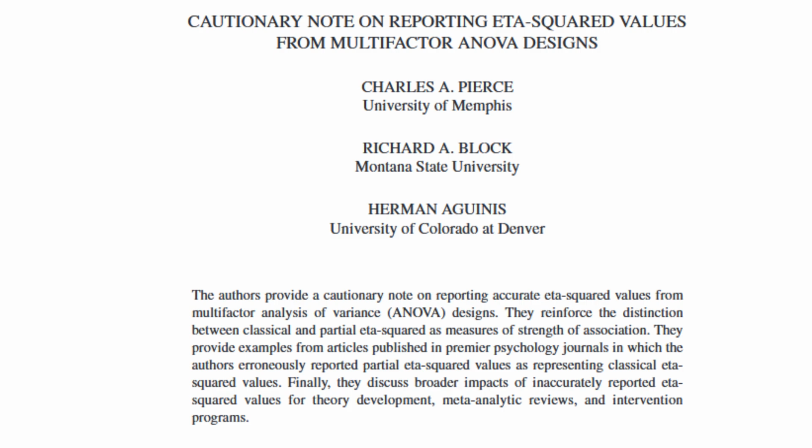Classical Eta squared looks at the total variation in the results, like how much all the factors combined contribute to the outcome. Got it. So, everything that went into making that cake delicious. Right. But partial Eta squared is more focused. It only looks at the variation explained by one specific factor after removing the influence of other factors.